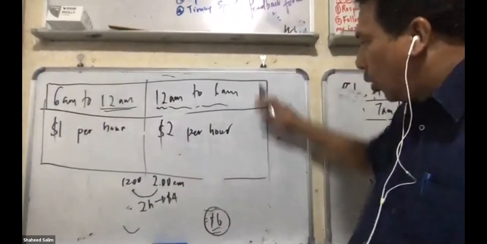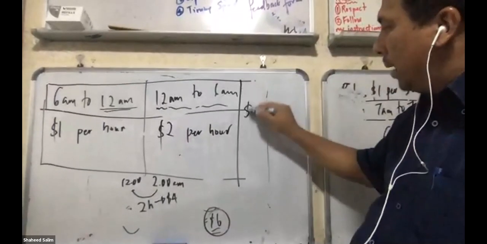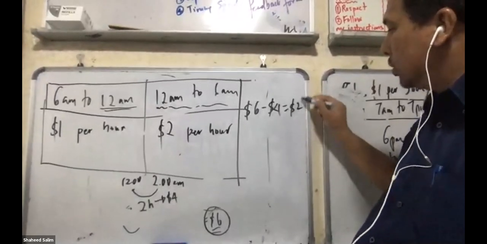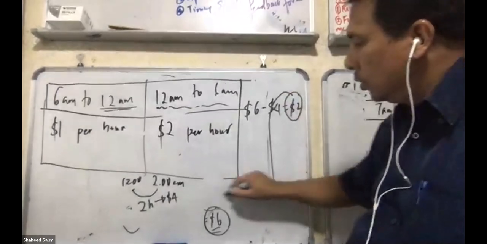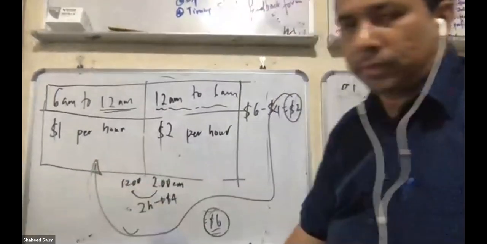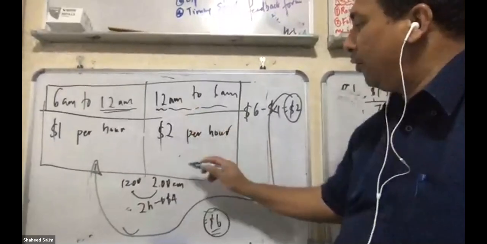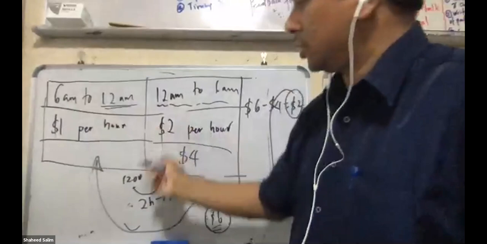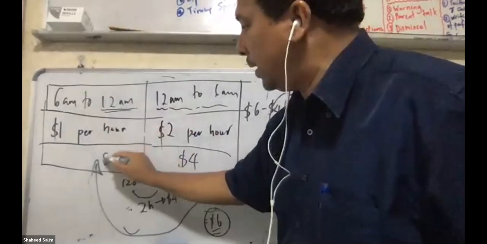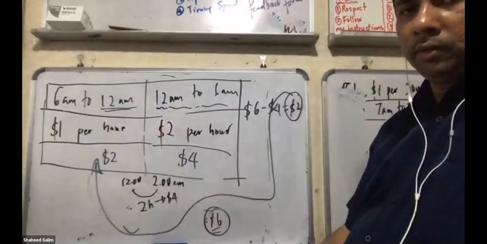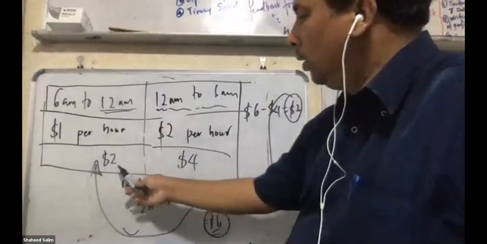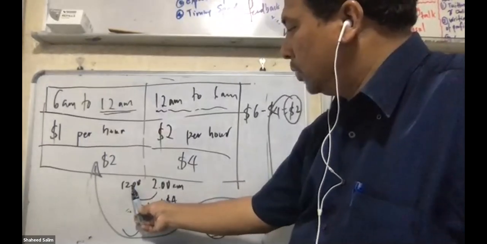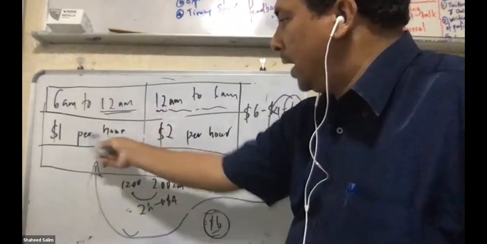I paid a total of $6, so I minus the $4, I get $2. The first rate I spent $4 here, so the balance $2, because I spent a total of $6, I must spend here. Now we go backwards in time from 12 a.m. So $2 can pay for how many hours?